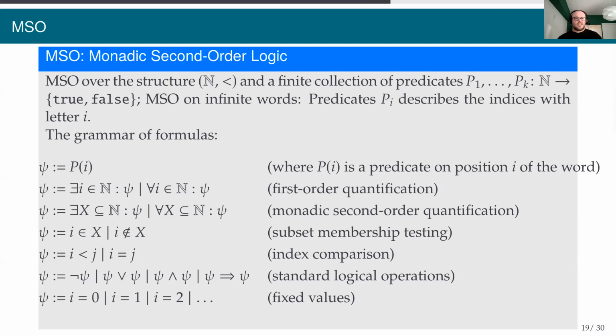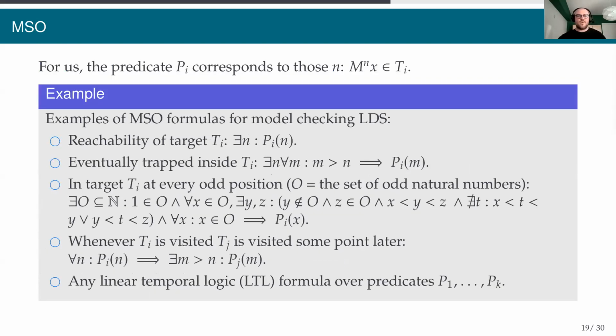And well, what does this mean? You can kind of think of it as MSO on infinite words, and the predicates P_i describe the indices where you actually have this letter i, for example. And here you have the grammar of the formulas, but I'm not expecting you to remember these.